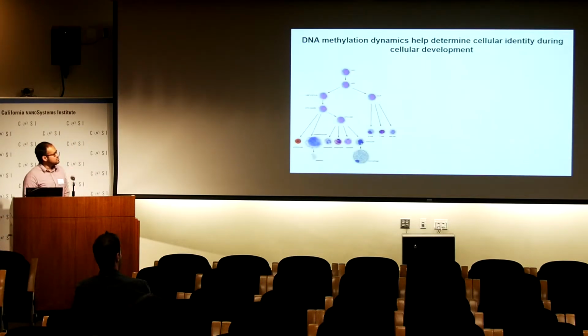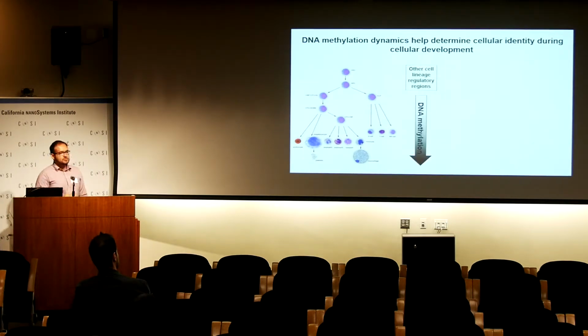And so in terms of the immune system, which is derived all from the hematopoietic stem cells, so this is hematopoiesis, going from the stem cell all the way down to the different immune cell components. As you go through the development, you start off with a cell that's probably mostly demethylated and pluripotent to these terminally differentiated cells.